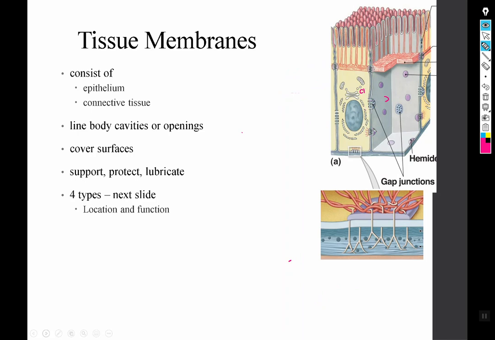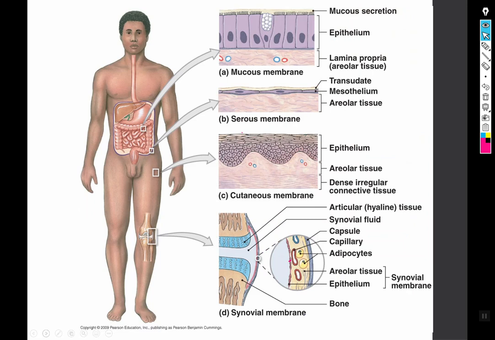So the additive property of tissue membranes comes a lot from cell membrane interactions as well. So we've got mucous membranes, serous membranes, the cutaneous membrane, and last but not least, the synovial membrane. So these two are most common.